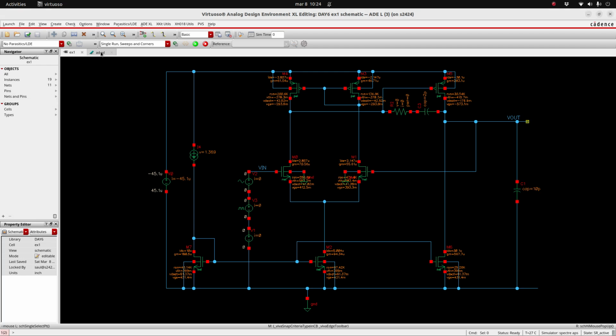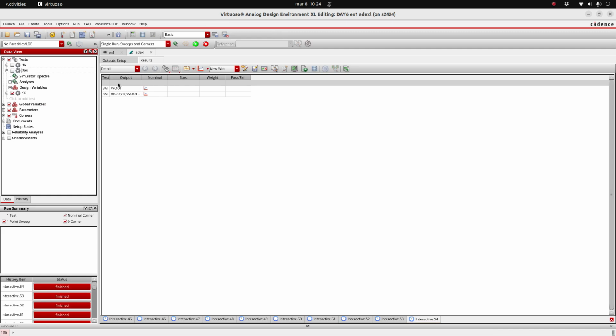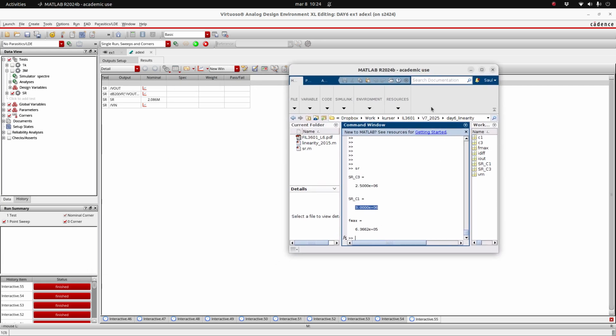So when I run a step simulation in Cadence, I run the simulation, and then we will just measure the slew rate. Okay, this is predicting around 2.1 mega, which is a little bit lower than what I have for capacitor 3.